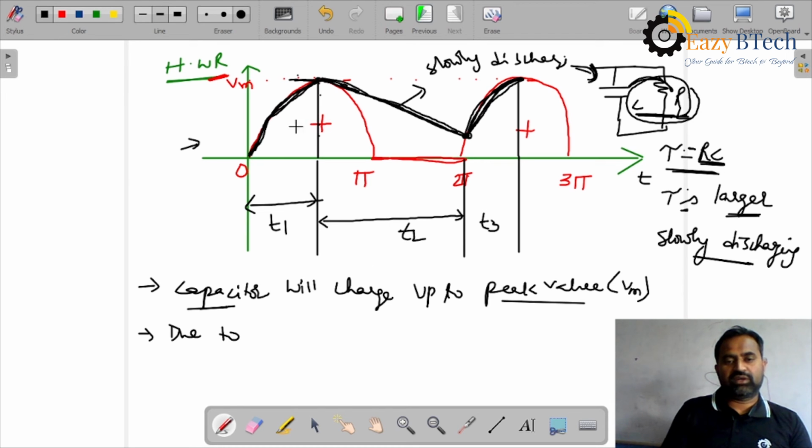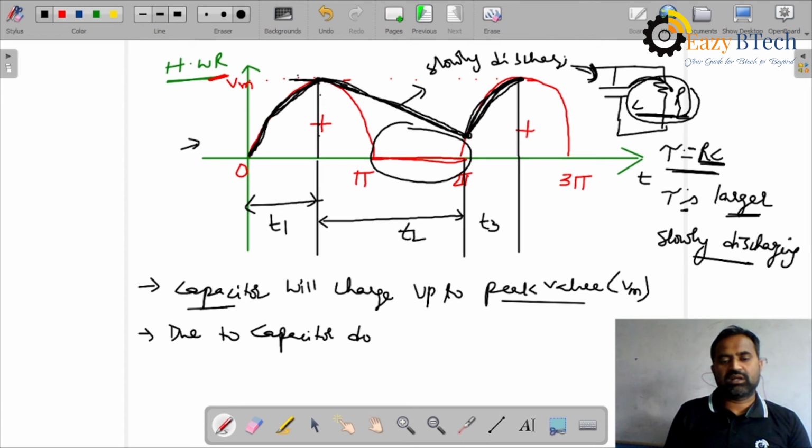Now this unwanted portion is allowed, and the output is in a triangular form. The capacitor will charge up to the peak value. The capacitor does not allow sudden changes in voltage.